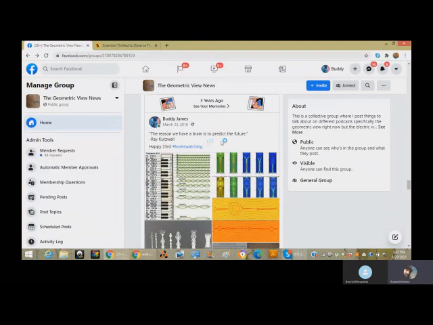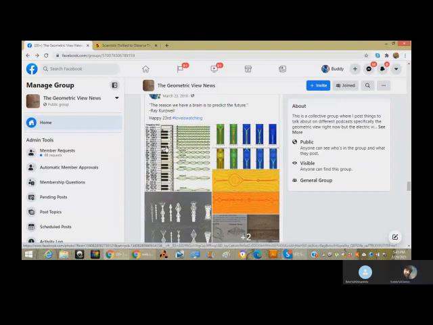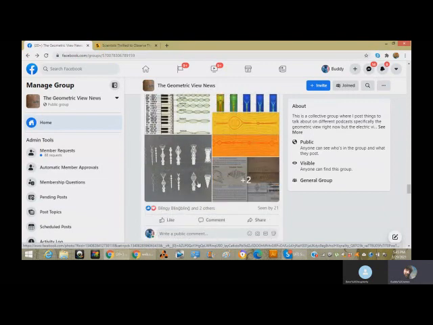The reason we have a brain is to predict the future. That's a quote by Ray Kurzweil. And here's the musical notes. Here's the modes. Here is CME, cosmic microwave background. Here is I forget the name of the filament of heat, but of course it'll come to me later.